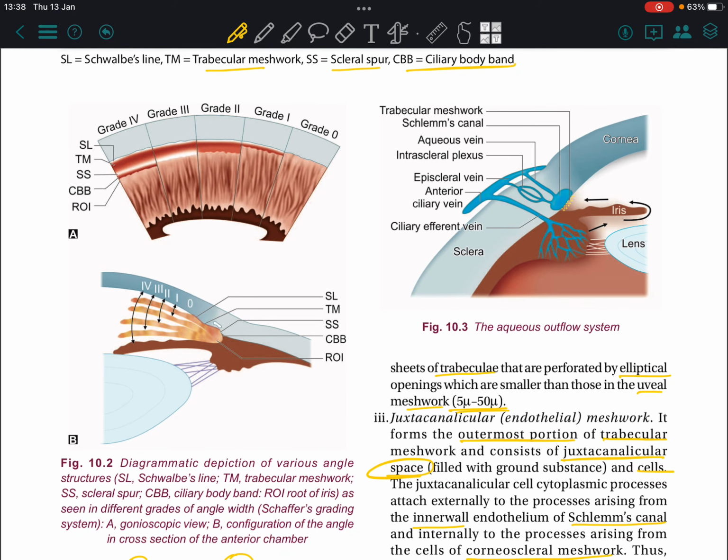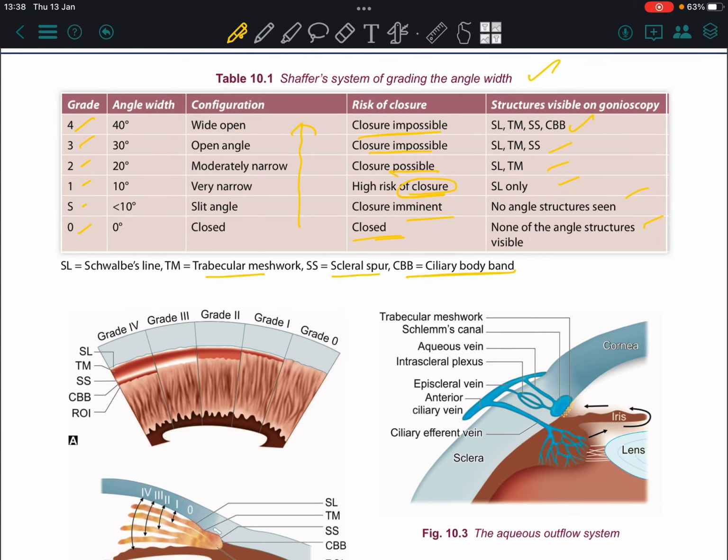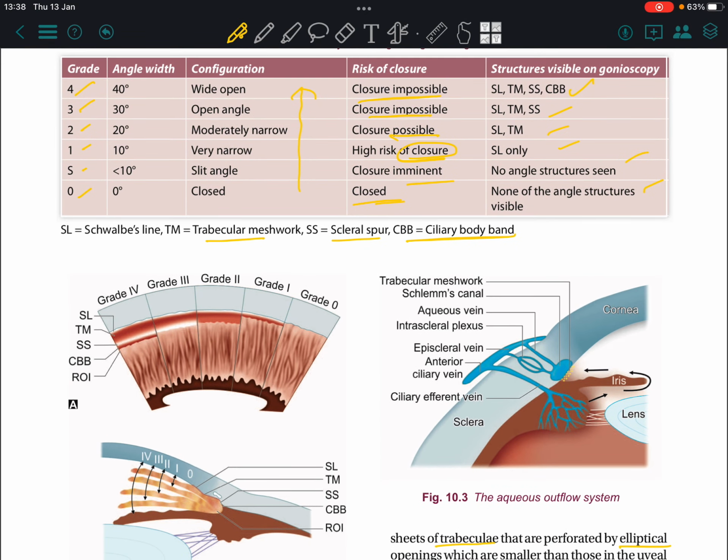Here let's see the diagram. Grade 0: we will not see any of the structures. Grade 1: we will see simply the TM. Slit: we will see SL only. SL is Schwalbe's line. This one is Schwalbe's line. We will see only Schwalbe's line. And grade 2, we will see trabecular meshwork and Schwalbe's line.